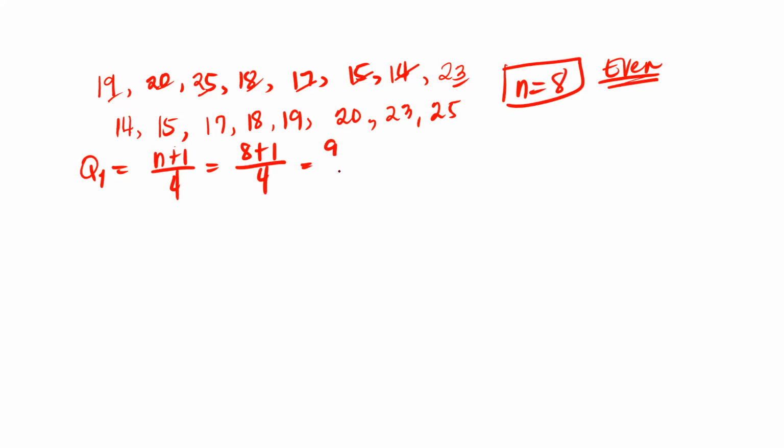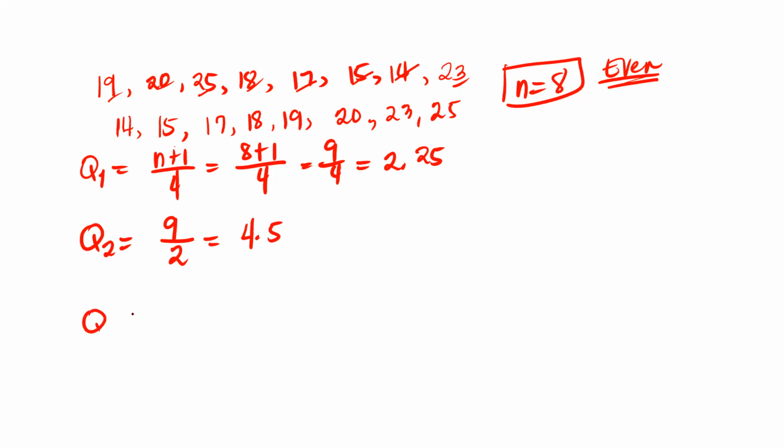So that's 9 divided by 4, 2.25. While the second quartile is 8 plus 1 divided by 2. And that is 4.5. Madali lang to si 4.5. No? Add lang natin, divide lang sa 2.